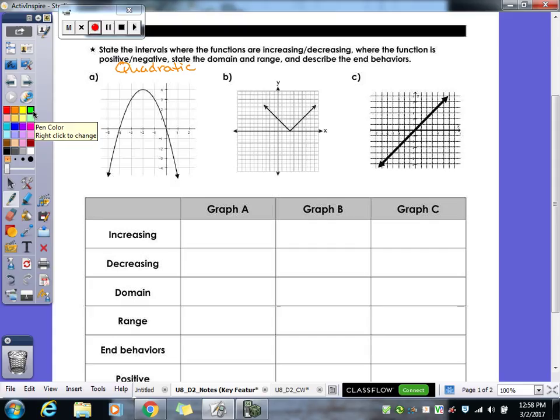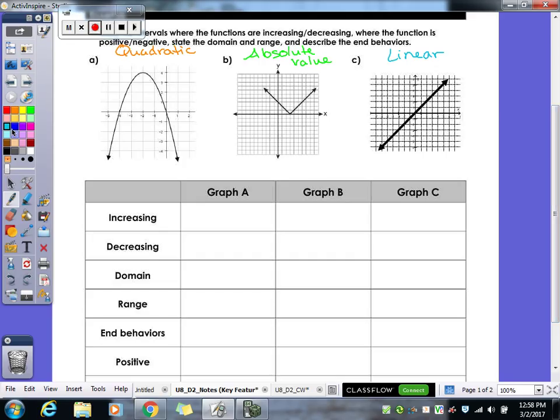Absolute value. And then our third one, graph C, that's our linear graph. So these are the three main graphs you have to be able to know.